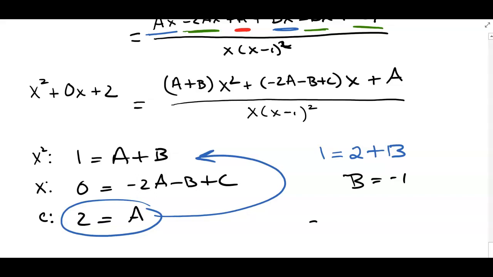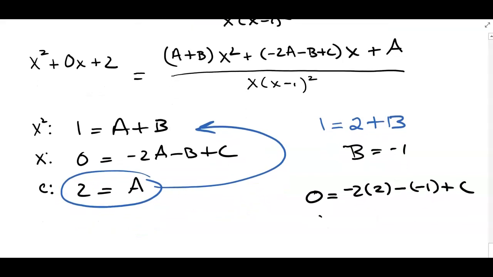It says 0 equals negative 2 times A minus B plus C, because I just need to get C now. So that comes out to negative 3, so 3 equals C. All right, I now have my A, B, C.